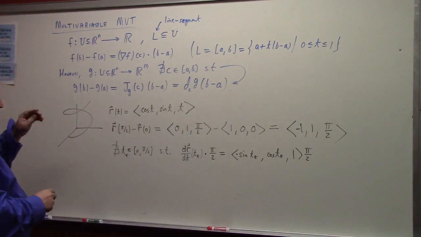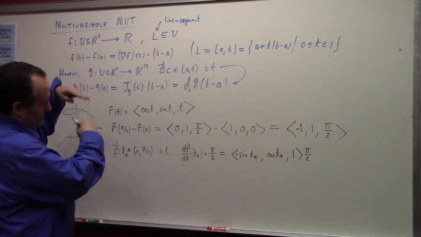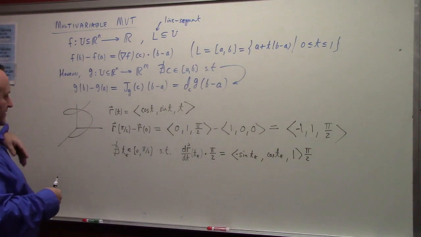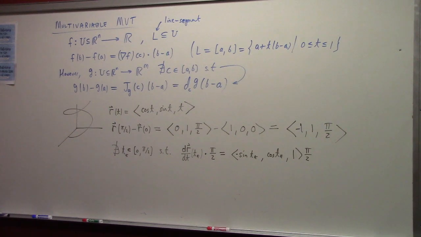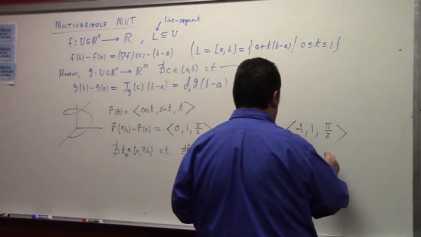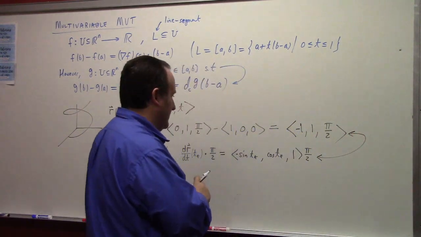Am I being fair? The Jacobian matrix is just the velocity vector in this context. And I just multiply by the change in t as appropriate, which in our context would be pi over 2. So the question is, can you get this equal to that?